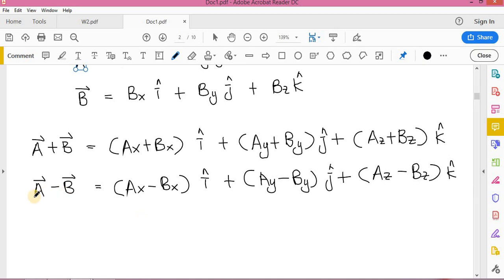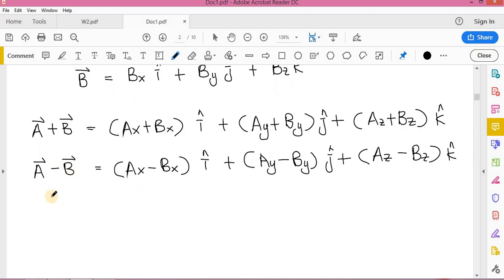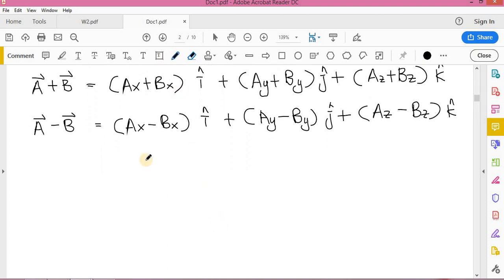Whichever comes first, you have to put it at the front. A is first, so you put A first. But if B is first, B minus A, then all this part will be B minus A for i, j, k. So it must be clear. Next, we move on to the multiplication of vectors.